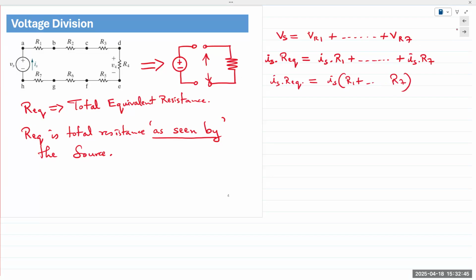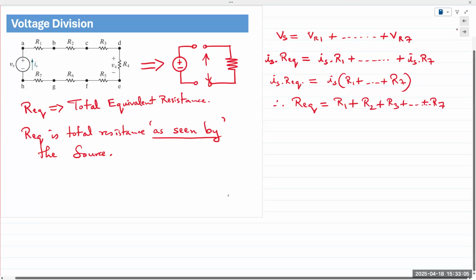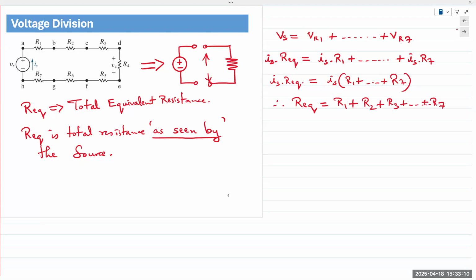And so we have derived an equation for Req. The total resistance as seen by a source in a series connection of resistors is simply the sum of all those resistors in series. And that's where the derivation comes from.